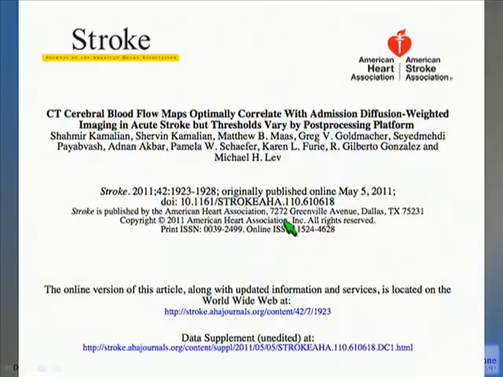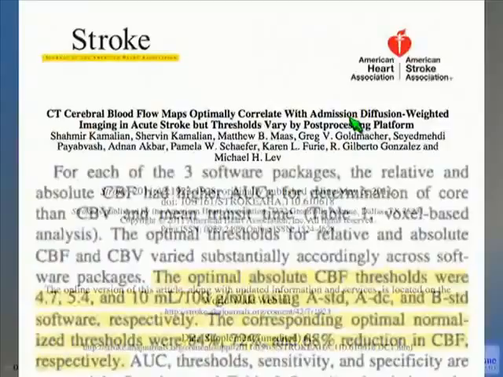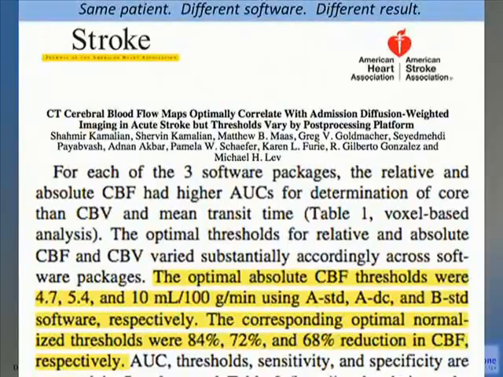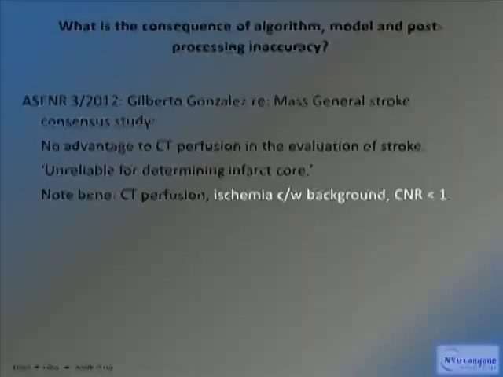This is an article out of Mass General, and what they concluded was, using 3 different software manufacturers, the absolute optimal CBF thresholds were different, as were the relative thresholds, 0.84, 0.72, and 0.68, depending upon what software you used. Same patient, different software, gives you a different result.